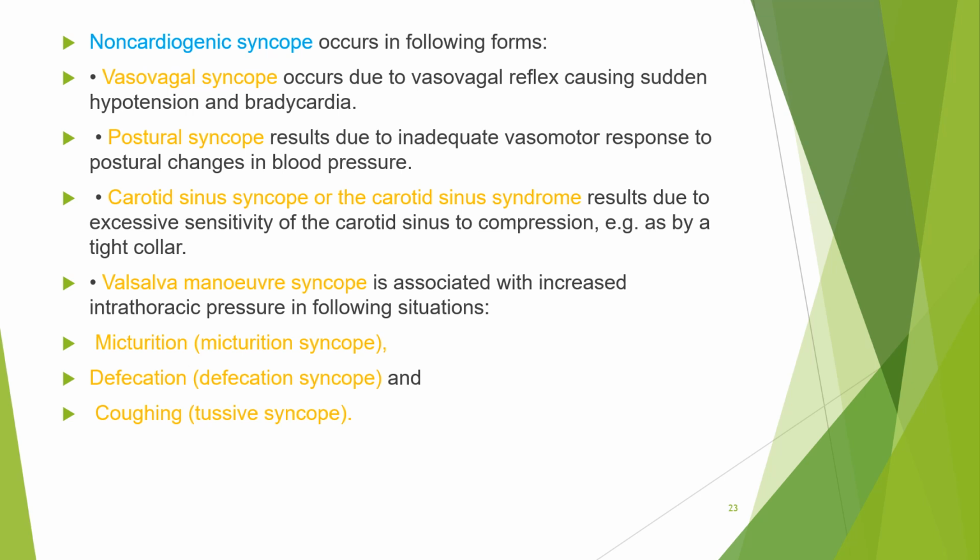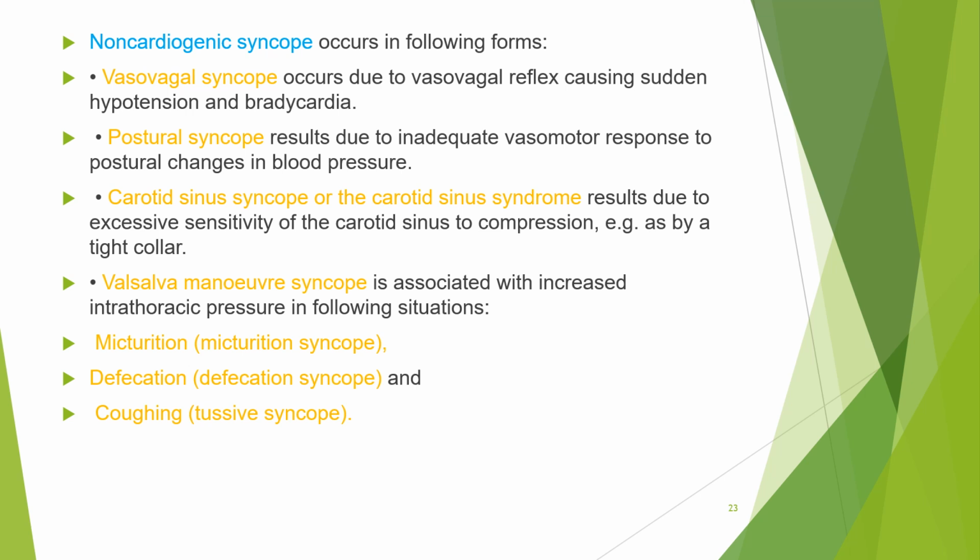And Valsalva maneuver. So syncope is associated with the increase in the intrathoracic pressure. If the pressure in the intrathoracic area is increased, there is a decreased blood flow to the brain. So it may occur during micturition, causing micturition syncope, during defecation, called defecation syncope, and during coughing, called tussive syncope.